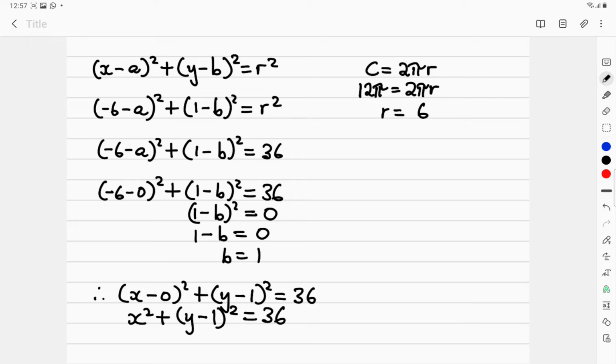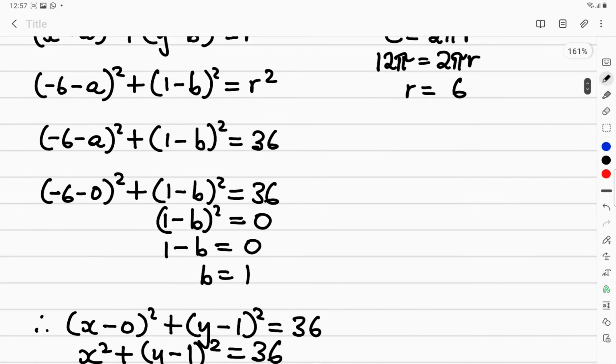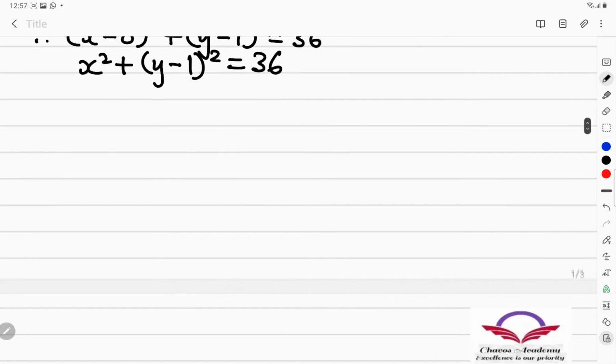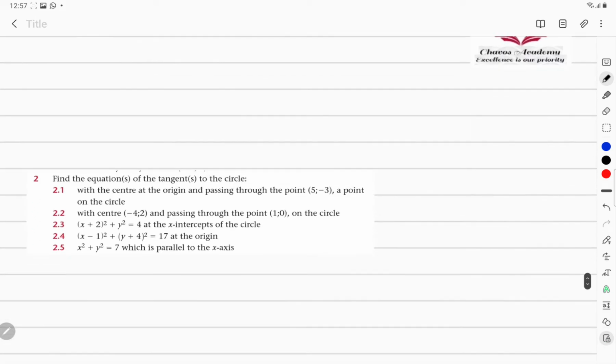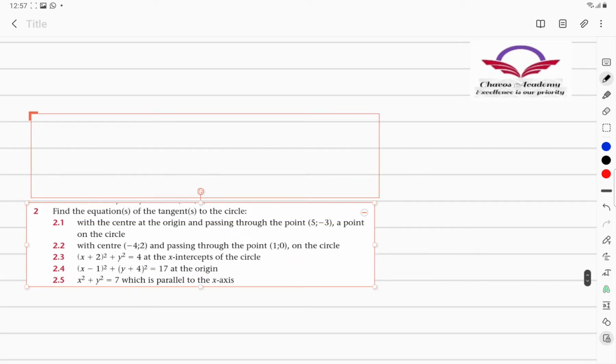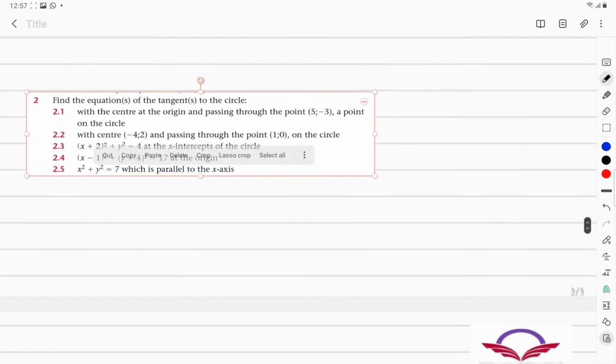All right, now let's move on and do the second challenge question. Here is our challenge question, the second one.